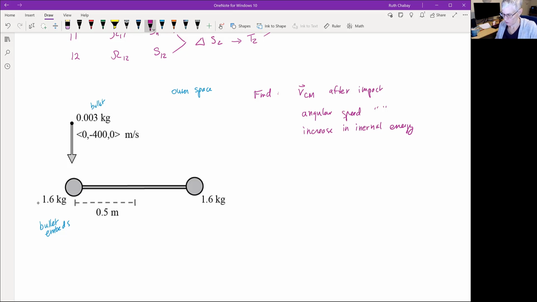Okay. So what fundamental principle do we want to use to start from to find the velocity of the center of mass of the object? Momentum principle, that sounds like a good idea.